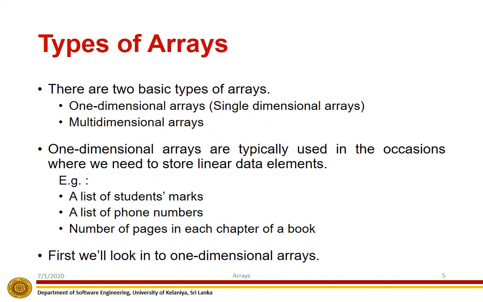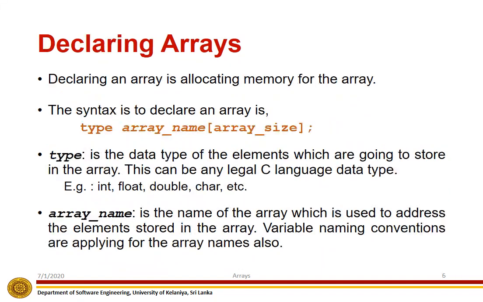One-dimensional arrays are typically used on occasions where we need to store linear data items. For example, a list of student marks, a list of phone numbers, the number of pages in each chapter of a book, like that. First, we will look into the one-dimensional arrays. Later, we will discuss two-dimensional arrays.